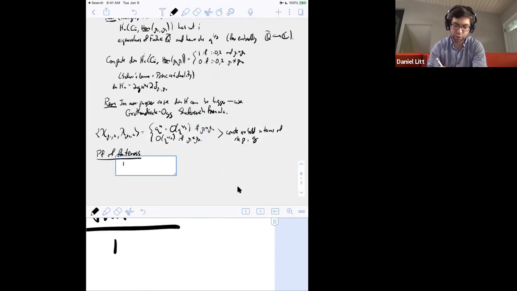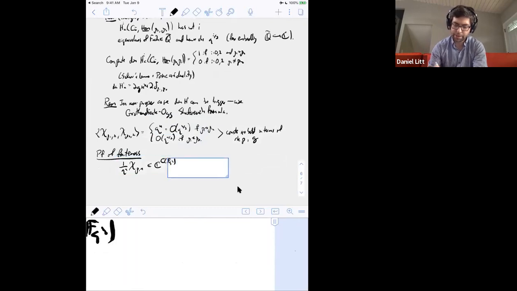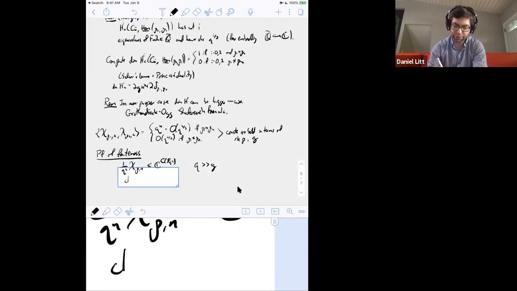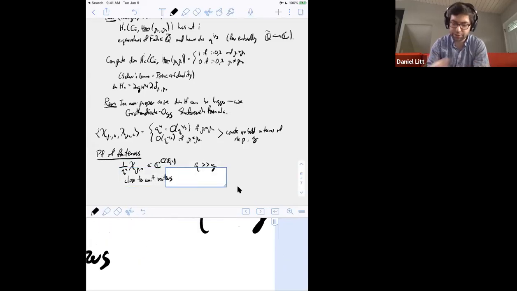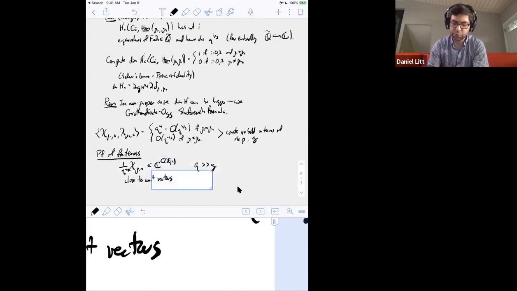So let's consider 1 over q to the n over 2 times chi rho n. So these live inside of C to the set of rational points of Q. And we're going to take Q to be much bigger than the genus of our curve. So now we have these points. These are close to unit vectors, because their inner product with themselves is 1, right?